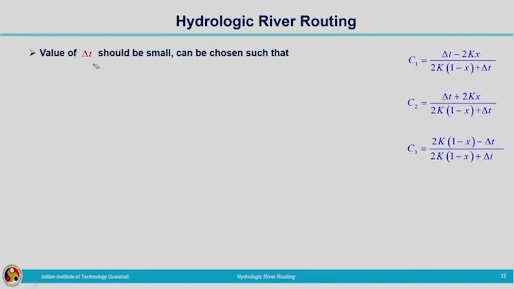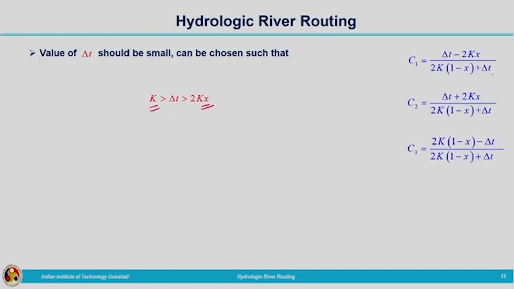Now, we need to look at the values to be chosen for delta t, k, x, etc. The value of delta t should be taken small, then only can we assume the flow properties within that time interval to be linear. So, the delta t value is taken in such a way that it is between k and 2kx.